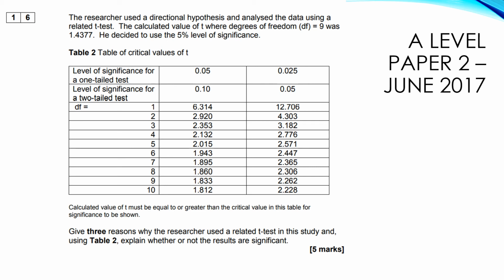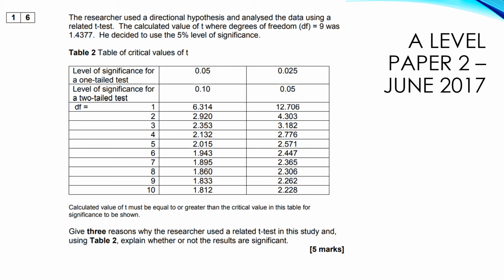We know that they're looking for a difference because participants are taking part in both conditions. They are looking for a difference whether music positively impacts and makes people run faster, or whether the participants will be quicker when they don't listen to music. And we know that it's repeated measures design because they're taking part in both these conditions. So that is why the researcher has decided to conduct a related t-test.